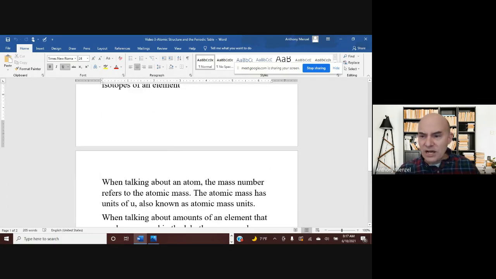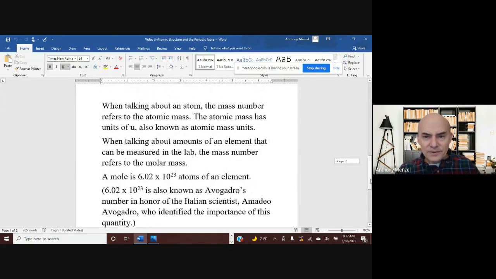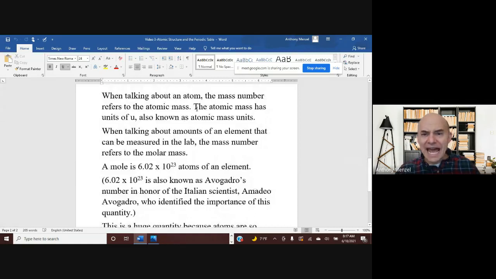Now, I just want to talk about a few notes regarding the mass number. When talking about an atom, the mass number refers to the atomic mass. So you can have the atomic mass when you're talking about an atom. And again, the atomic mass has units of u, also known as atomic mass units. Now, we don't measure individual atoms in the lab. They're way too small.